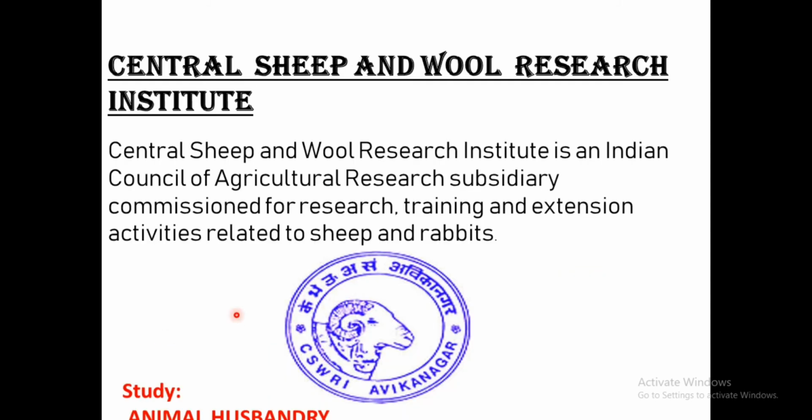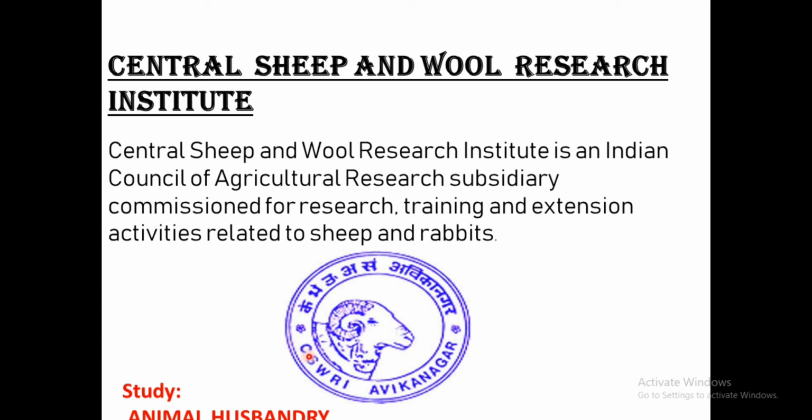Now, in order to get good varieties of sheep, I told you there is so much research going on. In India also, researchers are doing so much work regarding this.